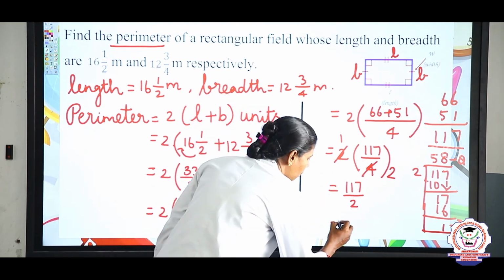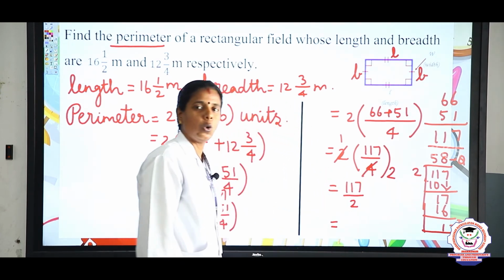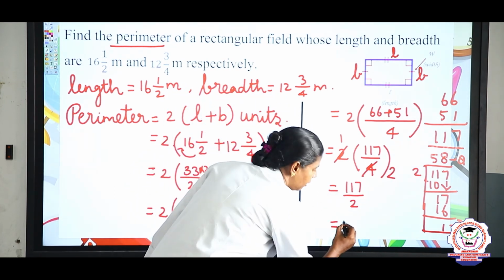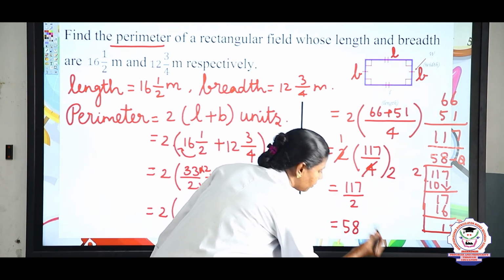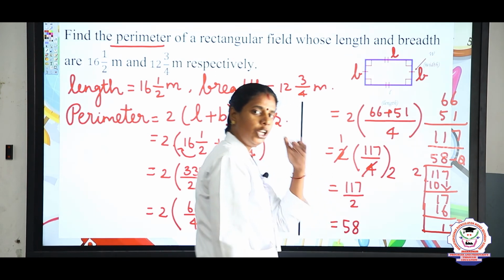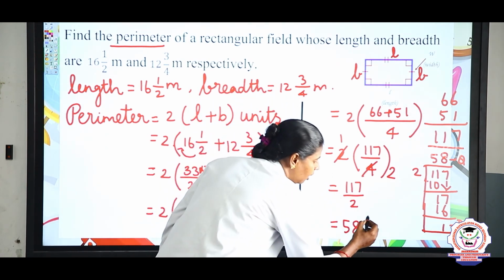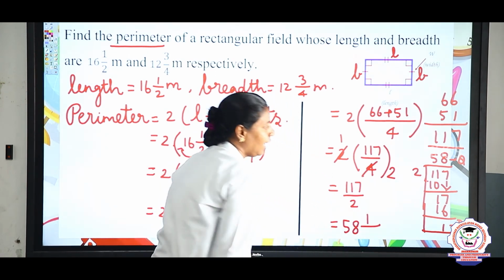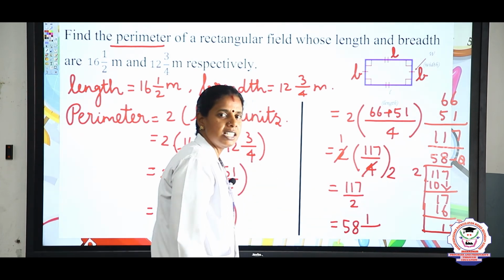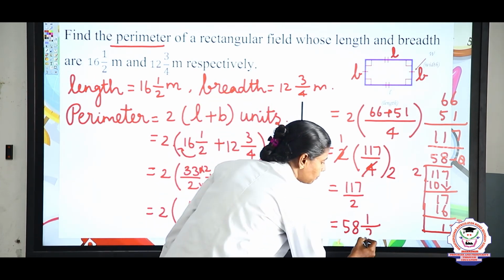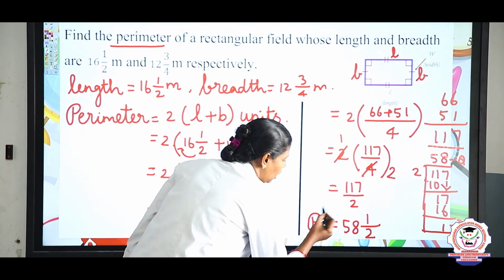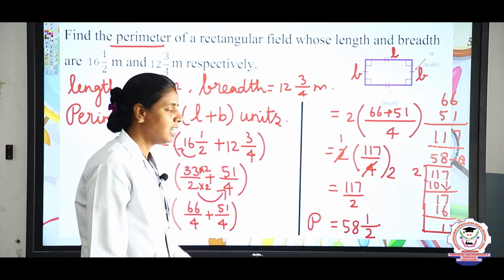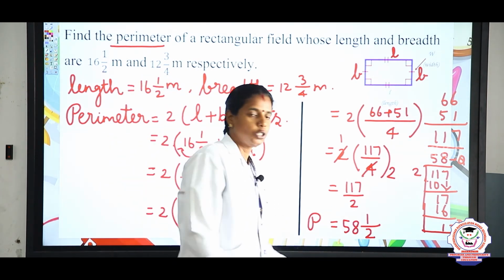So in the whole number, first we write the quotient. What is the quotient here? 58. And the remainder in the numerator part. So numerator, remainder is 1, by the divisor. The divisor is 2. So the perimeter of the rectangular field is 58 1 by 2.